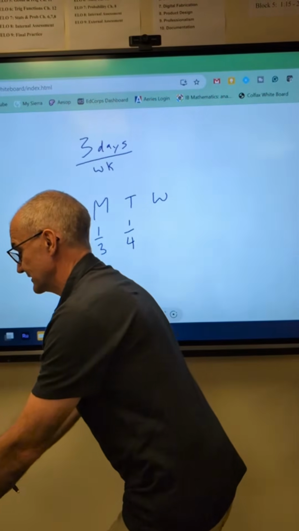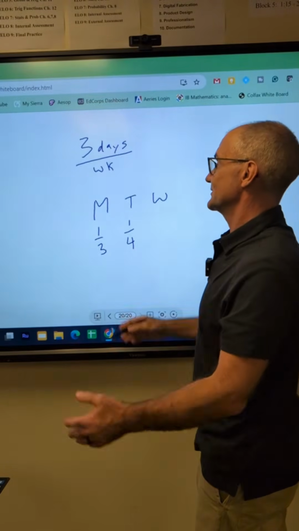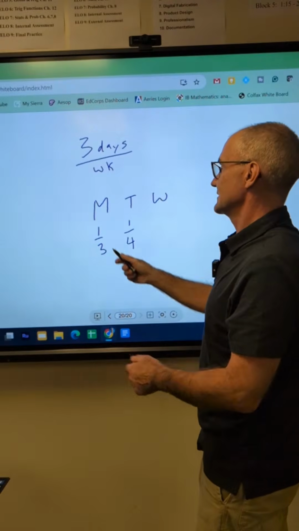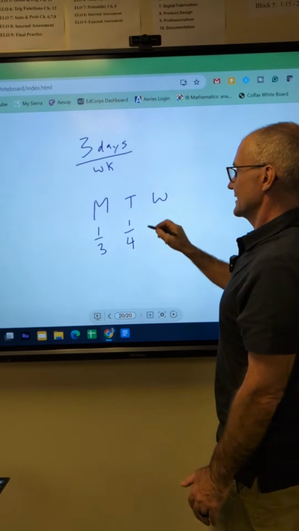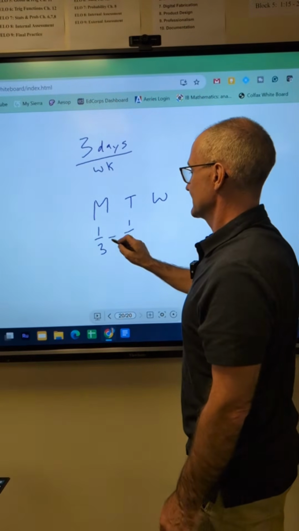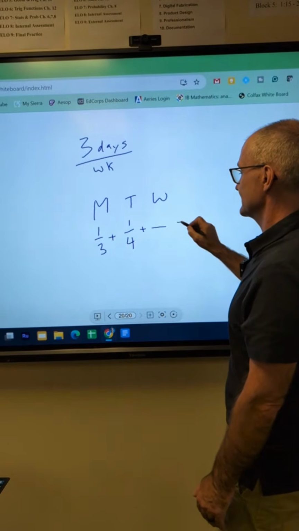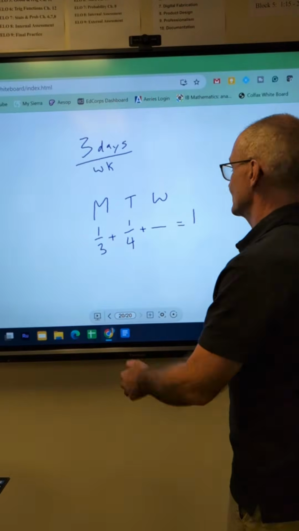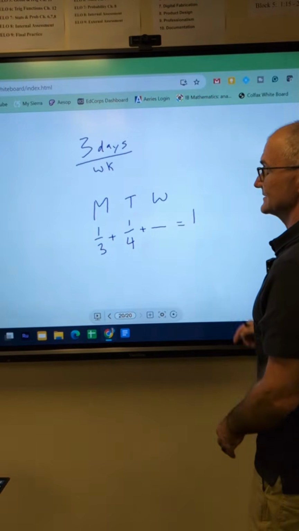So what we're doing here is, this is actually a little bit of a distractor, but she's earning 1/3 of her pay on Monday, 1/4 of her pay on Tuesday, the remaining amount of pay on Wednesday. So this fraction plus this fraction plus this fraction, whatever it is, has to equal 1. Same idea, the way I add and subtract fractions, I have to have that common denominator.